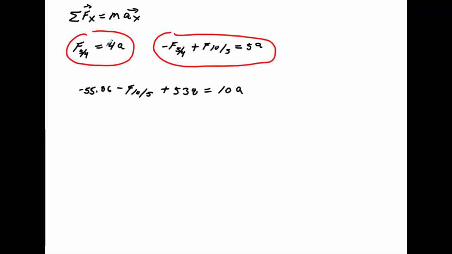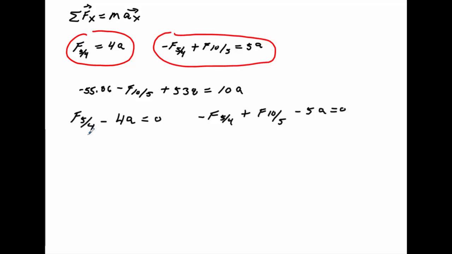And when you do set up these matrices, make sure you move everything to the left. So like this equation here, I'm going to rewrite everything just to play it safe. This one I'm going to do F of the 5 on the 4 minus 4a is equal to 0. That'll be equation 1. I'll take this equation here, I'll move it: minus F 5 on 4 plus F 10 on 5 minus 5a is equal to 0.